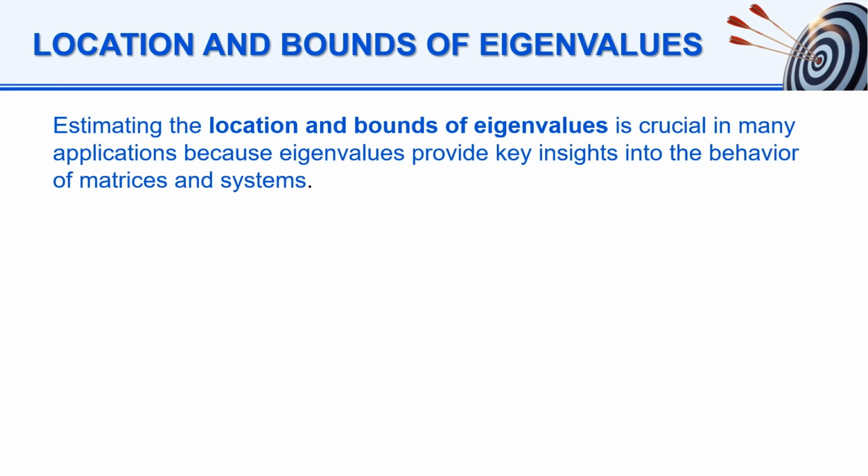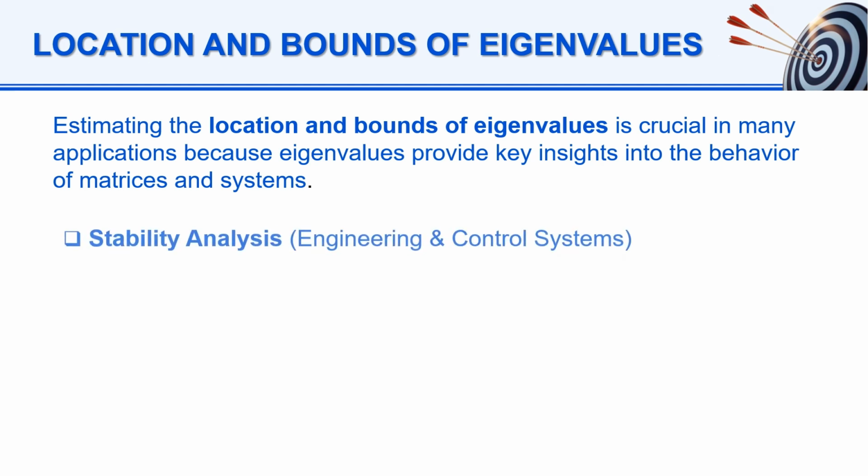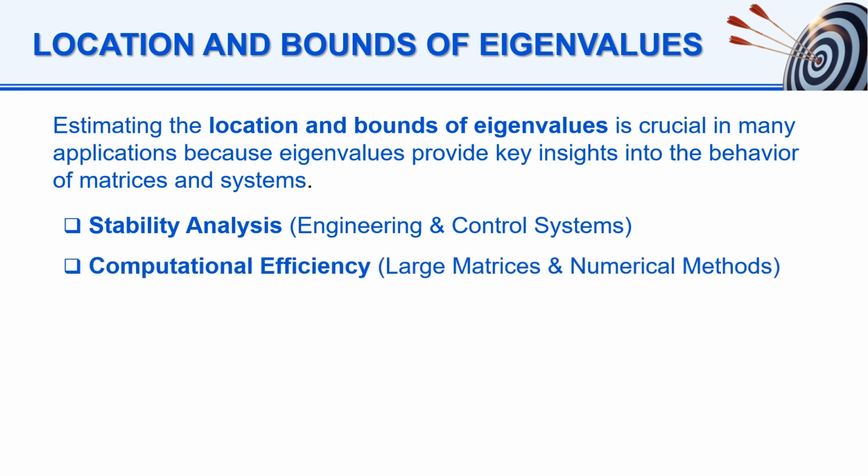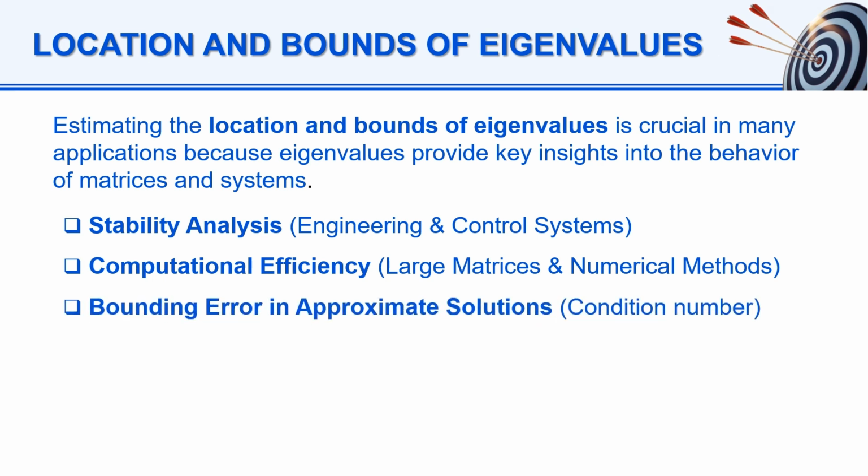Estimating the location and bounds of eigenvalues is crucial in many applications because eigenvalues provide key insights into the behavior of matrices and systems. Examples include stability analysis, engineering and control systems, computational efficiency, large matrices and numerical methods, bounding error in approximate solutions, and condition number.